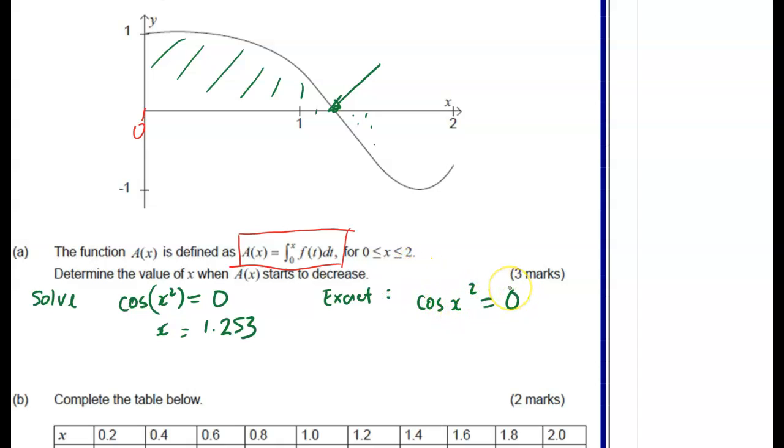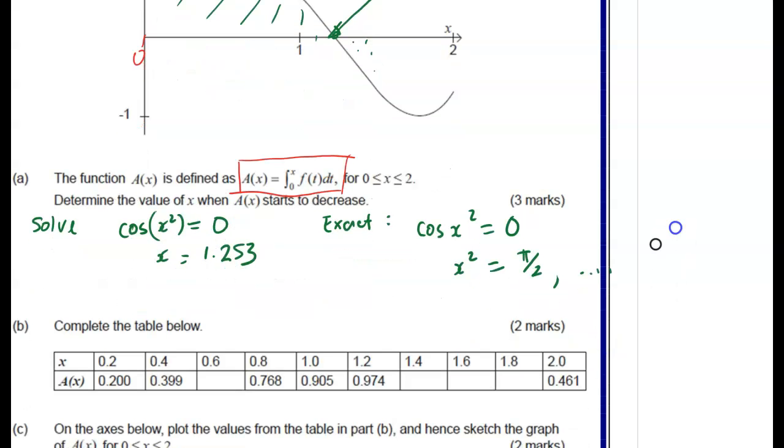Actually, it might work in standard mode on the calculator, but really you're solving cos equal to 0 first. And when is cos equal to 0? That's going to be at pi on 2. Yeah, well, that's the first one, and then you've got the rest. Obviously it goes on and on forever.